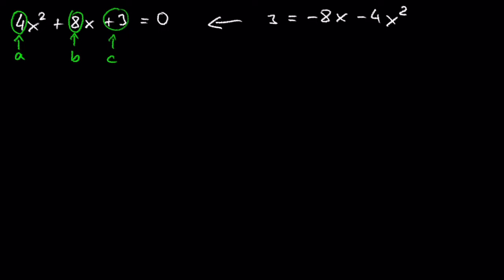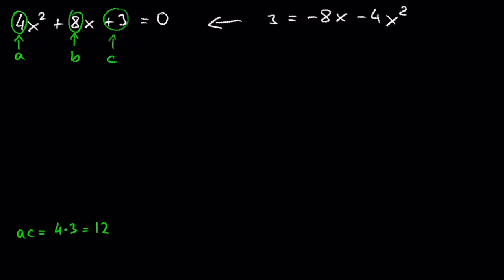This is important now. For the AC method, we have to first multiply a by c. So in our example, 4 by 3, which equals 12.